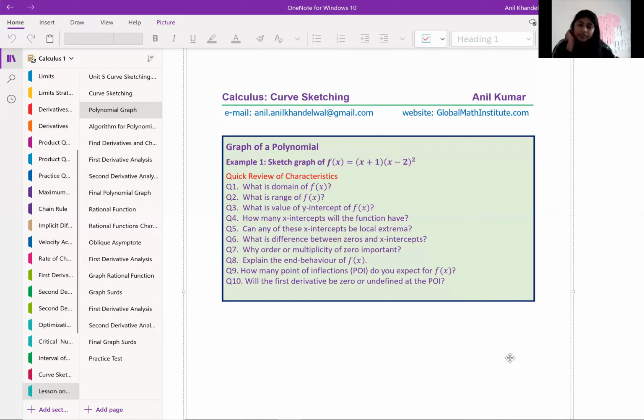If you have a cube root function, in that case, the y-axis may be the tangent line at the point of inflection, and in that case, the first derivative does not exist or is not defined. It's a vertical line, a vertical tangent. However, most cubic functions will be somewhere in between. So the graph is coming down, concave down, and then changing.